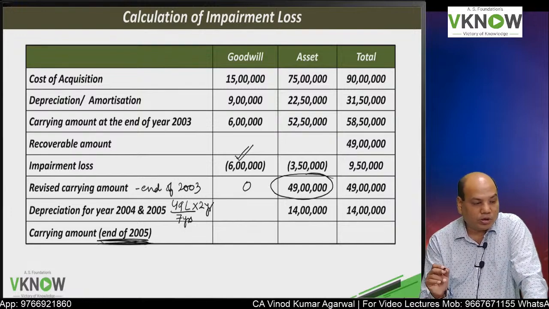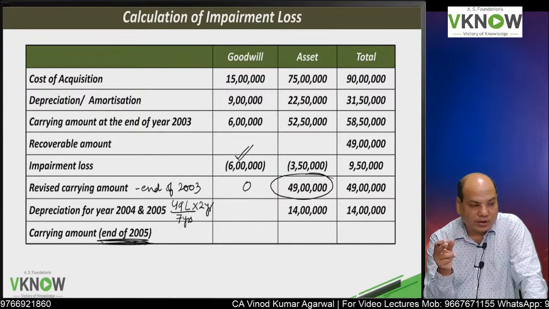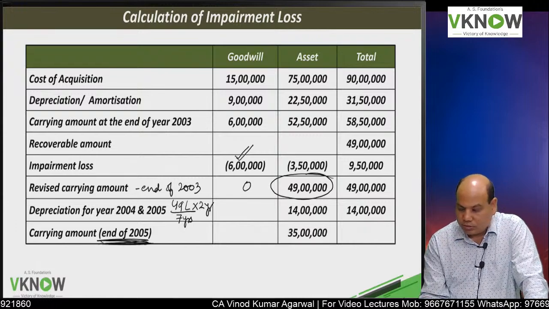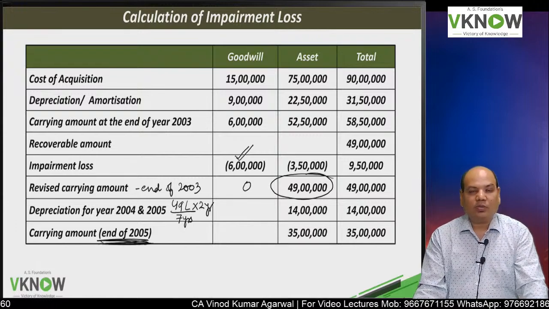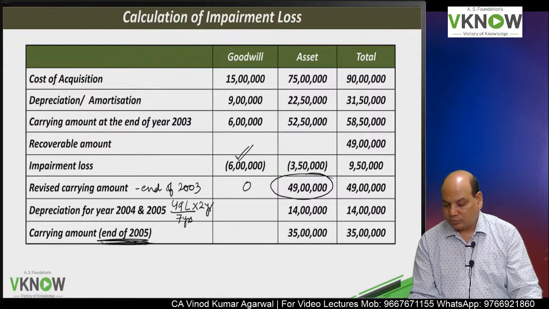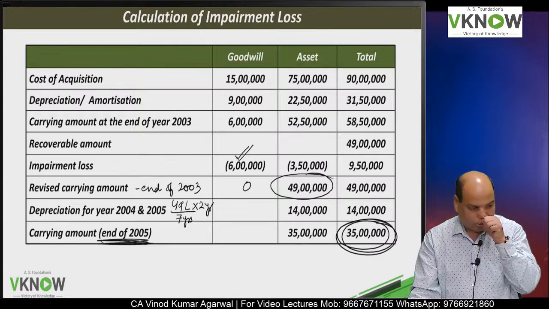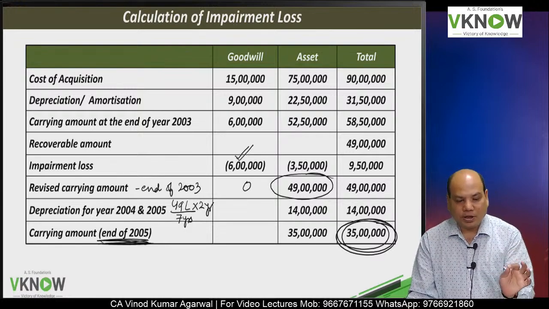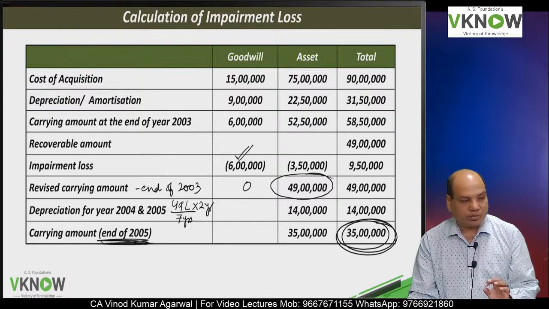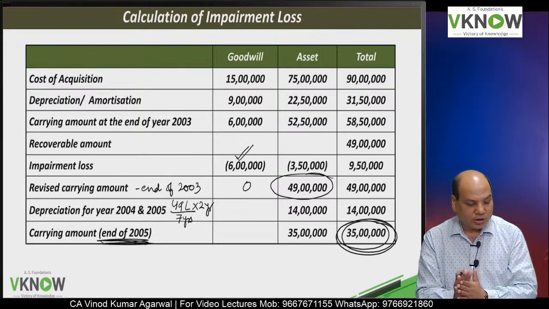The date when you got the indication of reversal, what was the carrying amount? 35 lakh. The carrying amount was 35 lakh, which means now my carrying amount is 35 lakh. First I'll explain the reversal and then we will write down the answer. Next 30-40 seconds don't write.